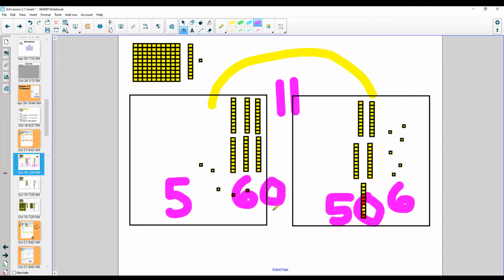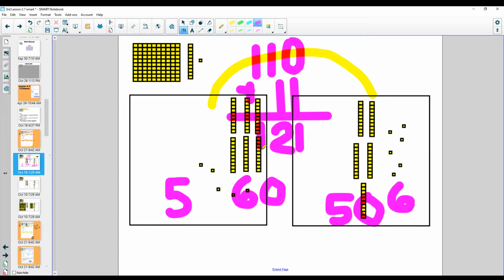Count by tens. 60, 70, 80, 90, 100, 110. Okay, now I've added up the tens and I've added up the ones, and now I put those together because now I get 121 with all these together.